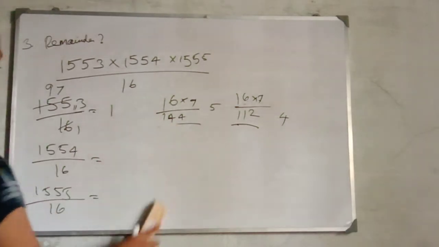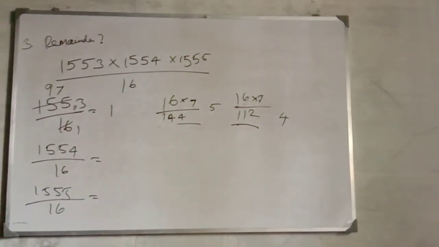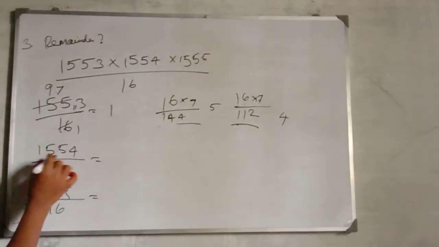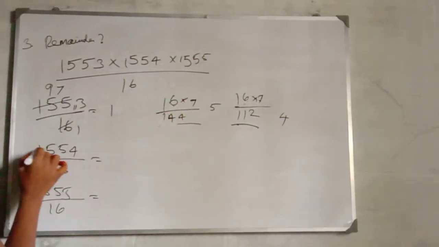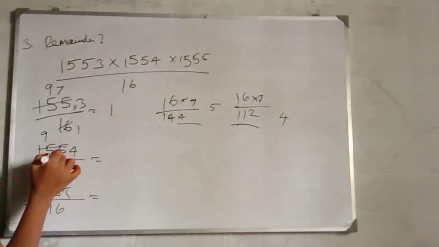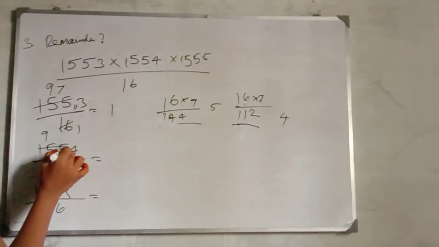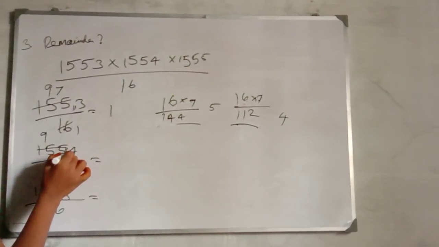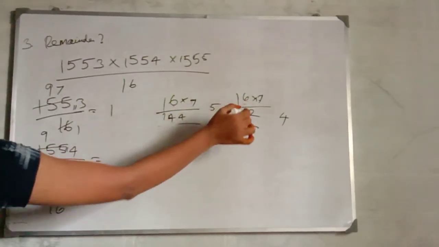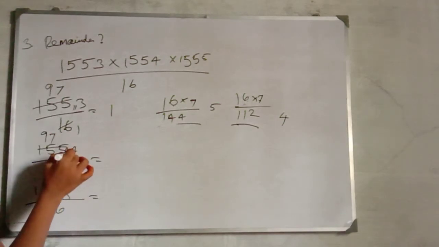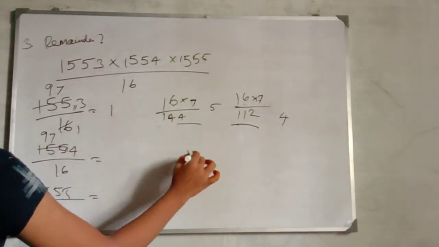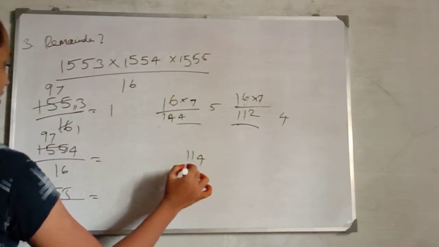Again 154. Here also 16 nines are 144. Again remainder 11. So 114. Again 16 sevens are 112.